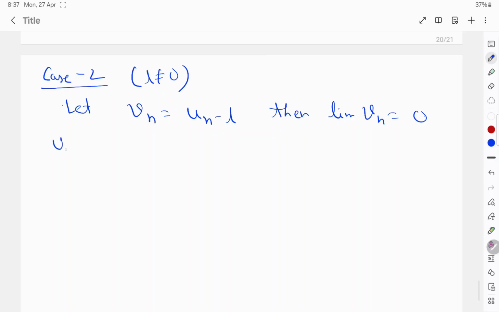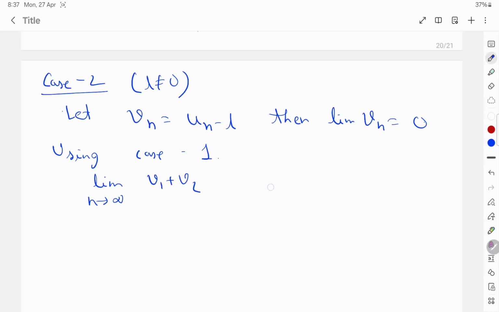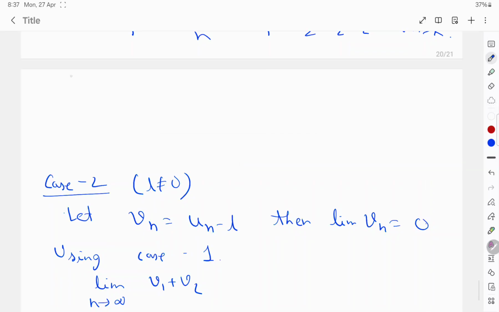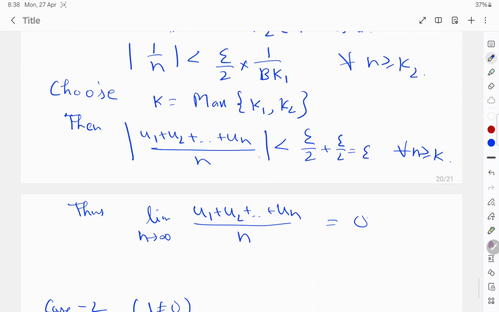So from there, using the first case, already you have proved that limit n tending to infinity (v1 plus v2 plus dot dot v_n) by n, thus this limit is 0, right? I think this is clear, right?